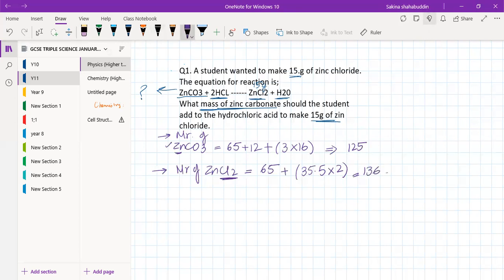Right? Now in step 2, we calculate the number of moles of desired product, and here our desired product is zinc chloride.